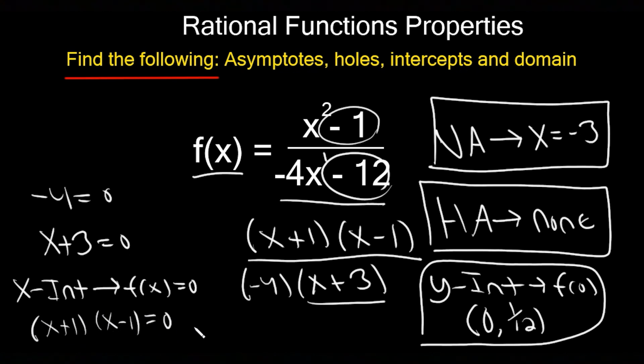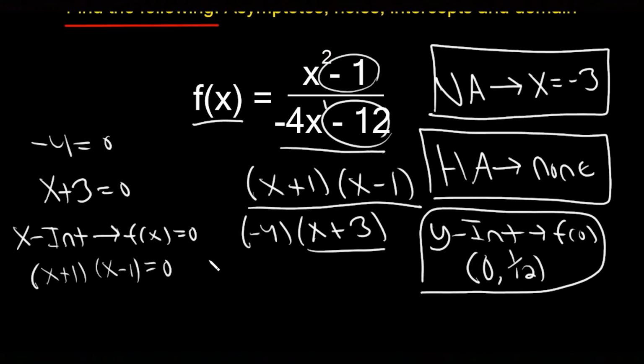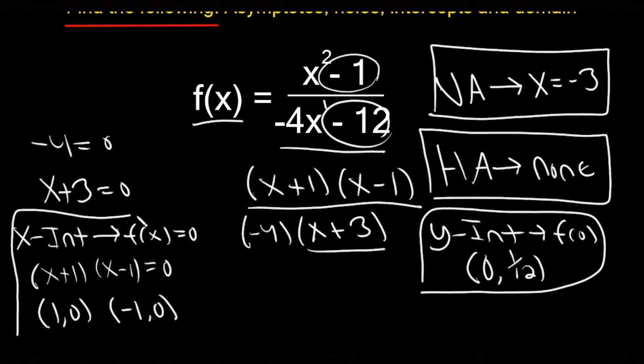And then when you solve that, you get x is equal to negative 1 and x is equal to positive 1. So if we scroll down a little bit here, we're going to go ahead and write that in. So I get here 1, comma 0. And then I get negative 1, comma 0. And then we're done. So there's my x-intercepts.